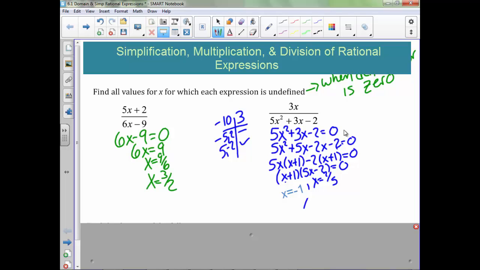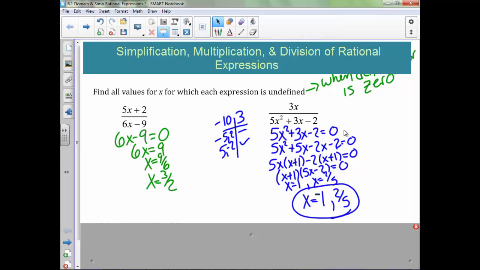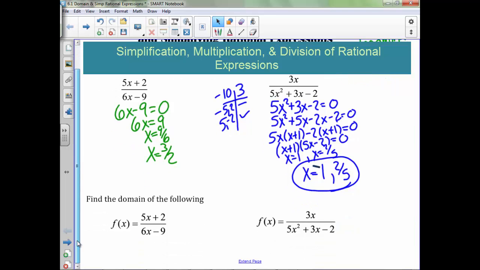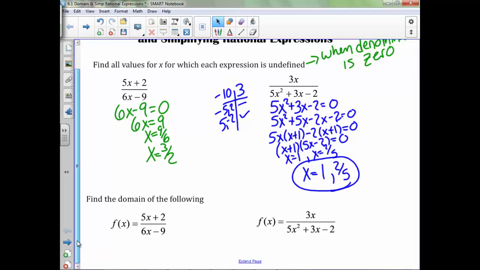So both the values 1 and 2/5 will both make this expression undefined. So now, using the same idea, we're going to find the domain of these same expressions.